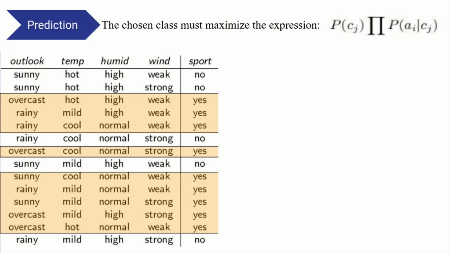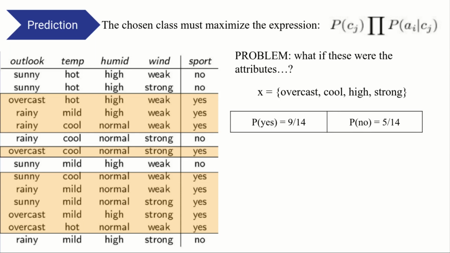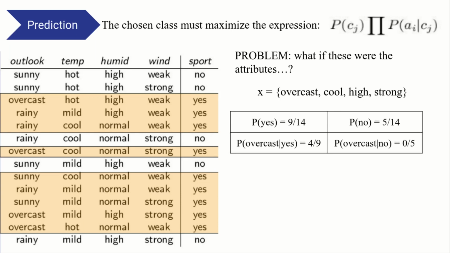But there is a problem with this method of calculating the probability of a set of attribute values to belong to a class. Suppose that we now want to predict what is the class for this set of attribute values. Proceeding the same way as before, we know that 9 out of 14 records belong to the class yes, and 5 out of 14 belong to the class no. From the 9 records classified as yes, 4 of them have an overcast outlook, but none of the 5 records classified as no have an overcast outlook.